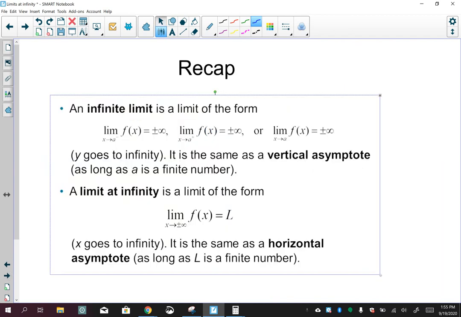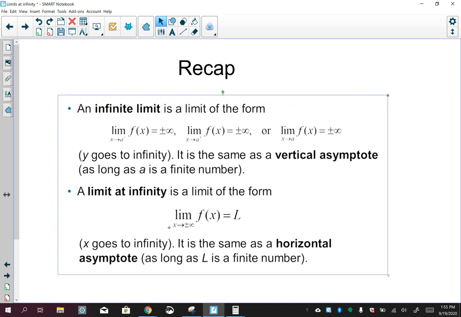So recap: if you have an infinite limit, approaching from the left you're going to infinity, and approaching from the right you're going to infinity. That means your whole thing is going to run off into infinity, one way or the other. Or you have a specific limit at infinity. If you do this, you are looking for horizontal asymptotes.